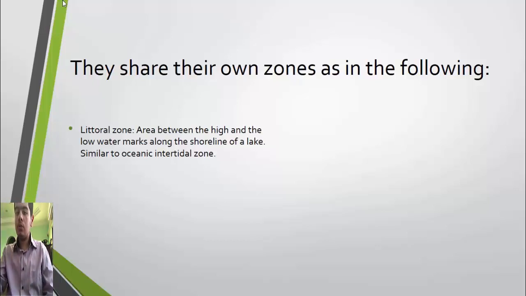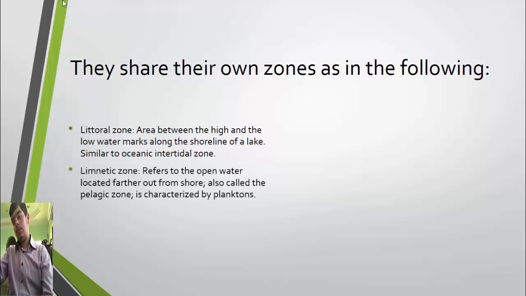Because the littoral zone, which is the first zone, first of all, is small. It's the smallest zone. Second of all, it is very close to the land. Intertidal is close to the beach, the sand on the beach, which is the land. Same thing with the littoral. So it has high and low water marks along the shoreline.